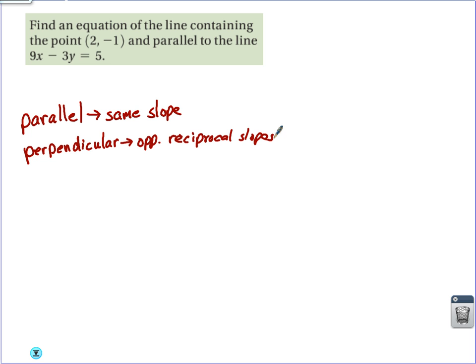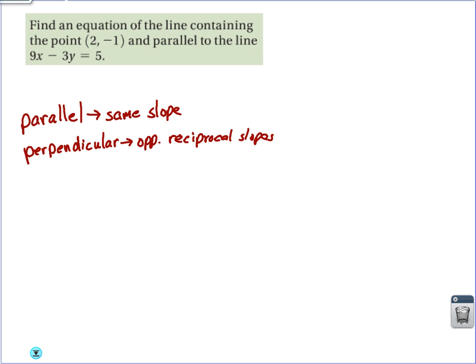So keep that in mind as we're working through these problems, because this problem says find the equation of the line, and they give us a point. We want our line to pass through the point 2, -1, and we want it to be parallel to the line 9x minus 3y is 5. Again, it's very important to remember that parallel lines have the same slope.